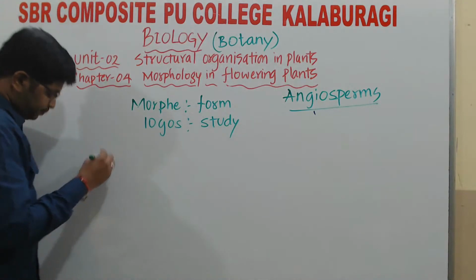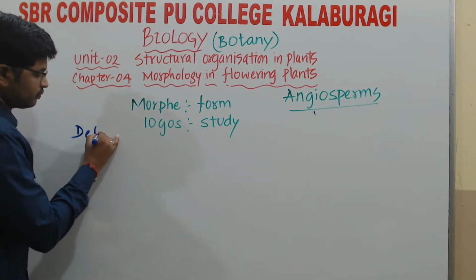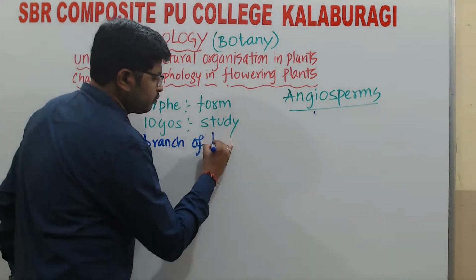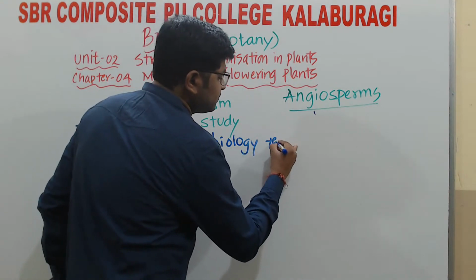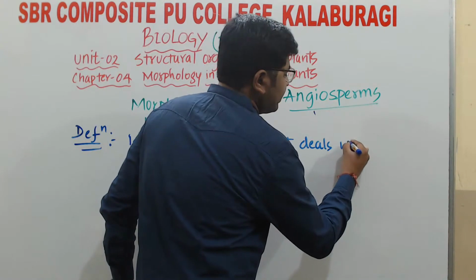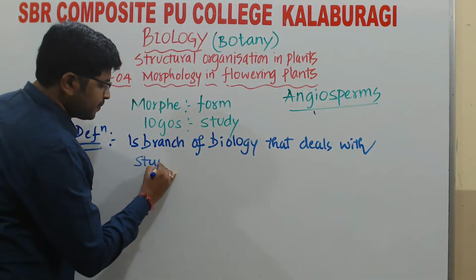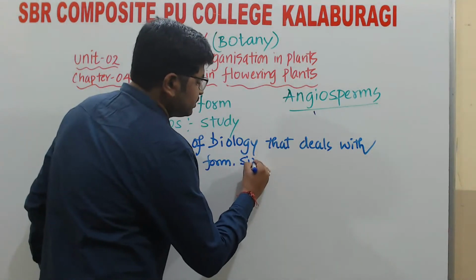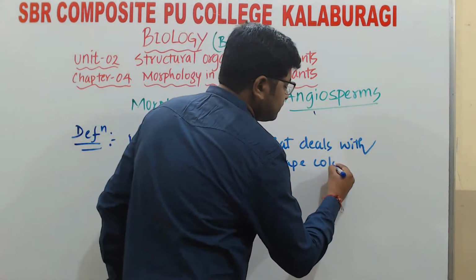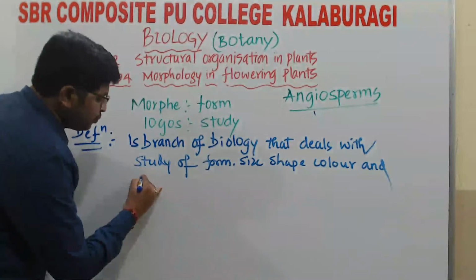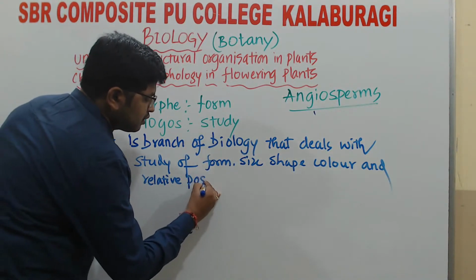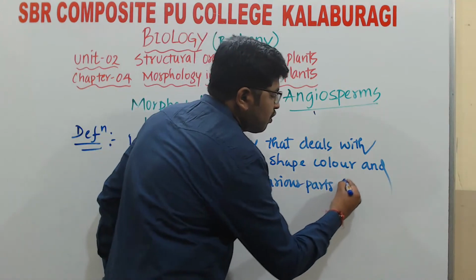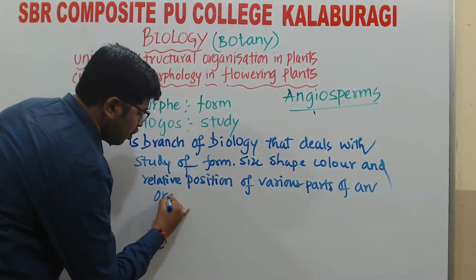Now, the morphology definition: it is the branch of biology that deals with the study of form, size, shape, color, and relative position of various parts of an organism.